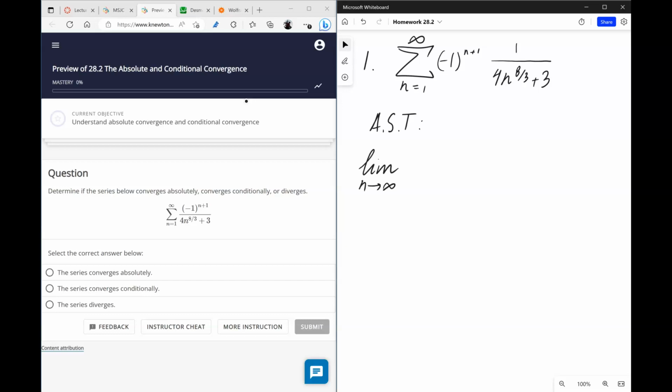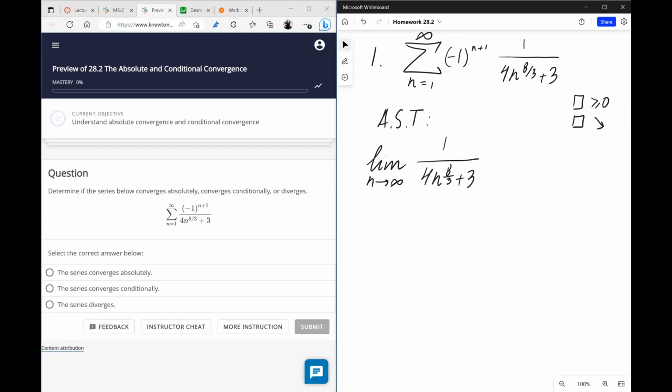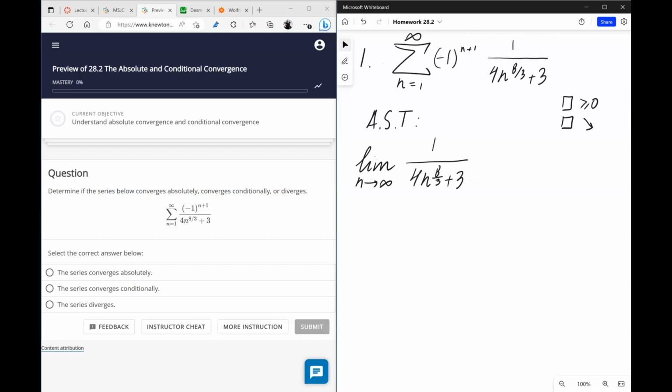We have to find the limit of a general term without the alternating sign, and if it's equal to 0 and the series is positive and decreasing, then we would conclude that it is convergent by the alternating series test.